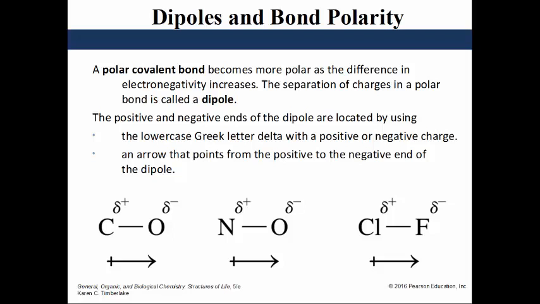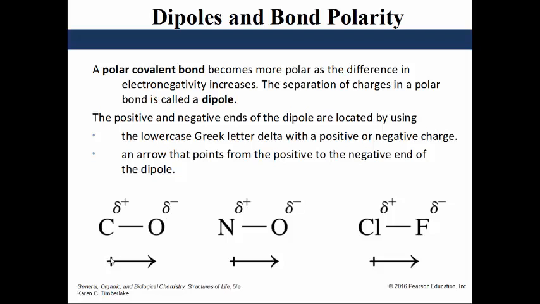And you can indicate this by using some Greek letters and also by using some arrows. The lowercase Greek letter delta is used to indicate positive or negative. In this example, the bond between carbon and oxygen, the oxygen side is more negative compared to the carbon side, which is more positive. Delta with the plus indicates positive, delta with the minus indicates negative.